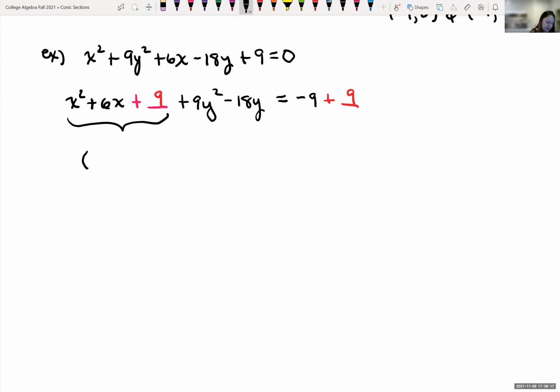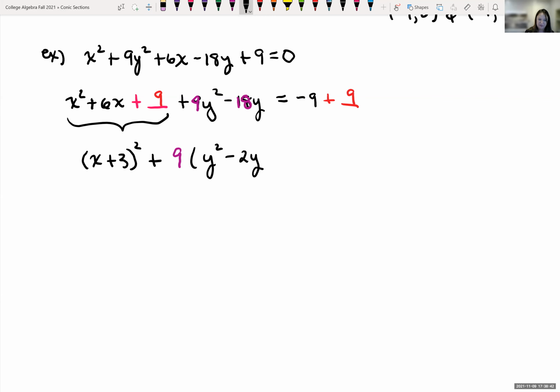So we can rewrite that. That's x plus 3 quantity squared plus, so we need to factor out this 9 that is with the y terms. If we pull out a 9 from those y terms, we're left with y squared minus 2y.